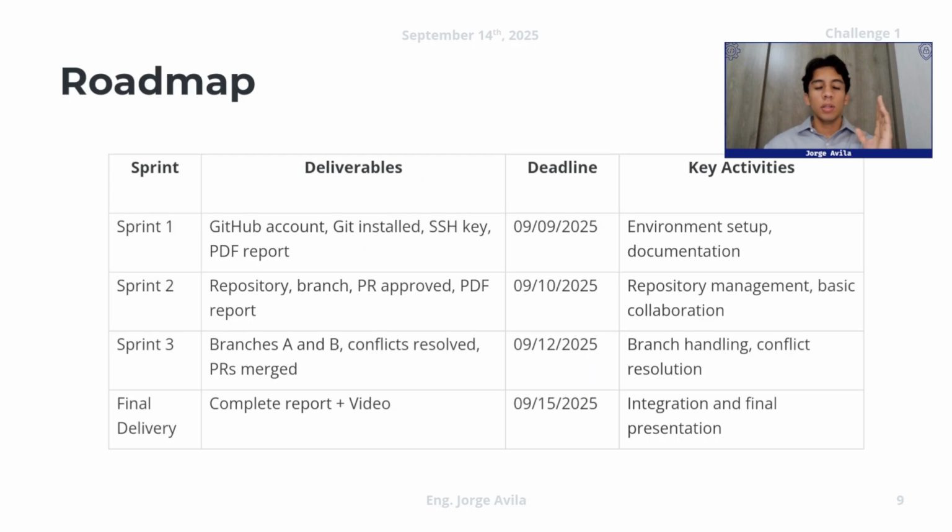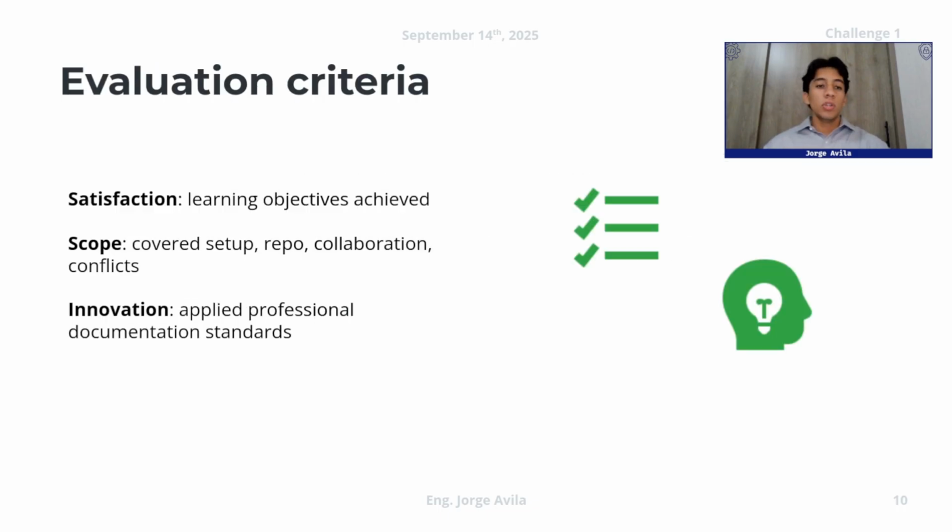And now, seeing the roadmap in table format, sprint 1 was the environment setup, sprint 2 was the repository and collaboration, and sprint 3 was the conflict resolving and the final delivery.